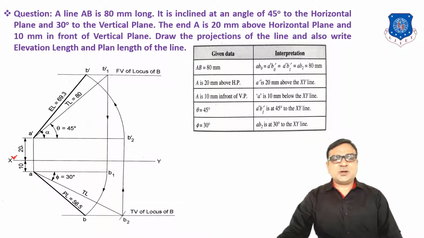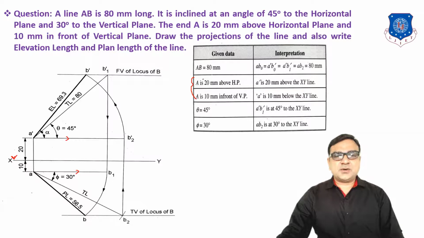Now start the problem with the projection of A. A is 20 mm above, which means small a dash is 20 mm above XY. From a dash and from a, we draw horizontal lines. Because the true length is 80 mm and theta is 45 degrees, from a dash we draw a line of true length 80 mm at angle 45 degrees and locate B1 dash.